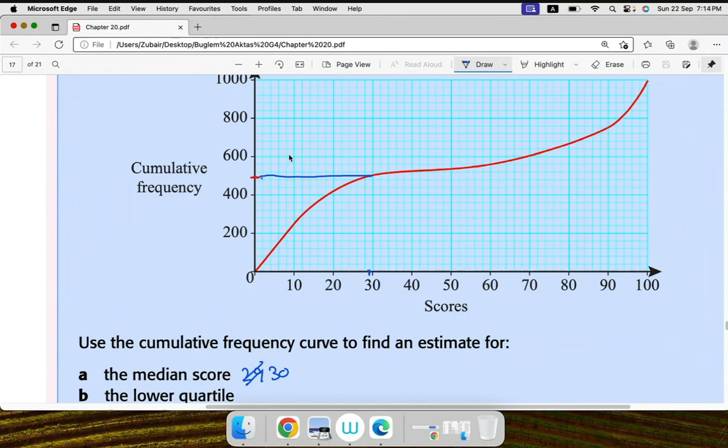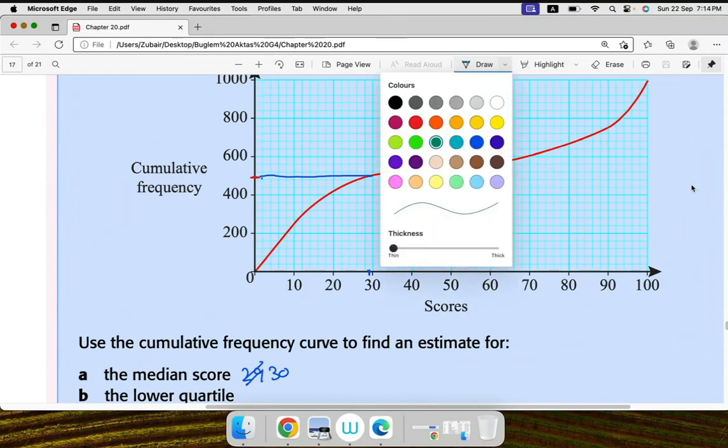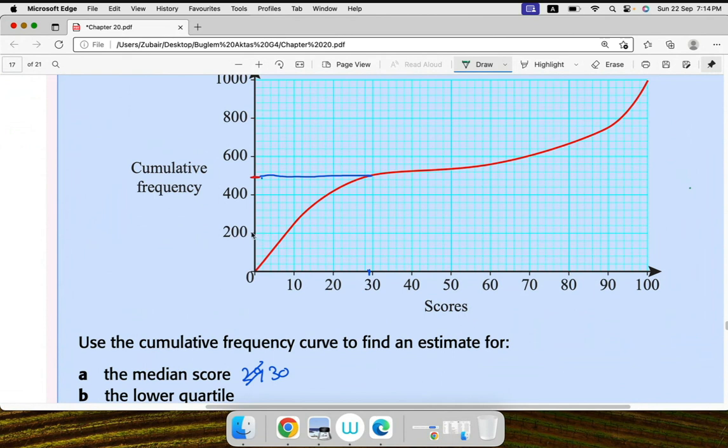So lower quartile: 25% of 1,000 is 250. This is 200, this is 300, somewhere here is 250, and I'm taking 11 for this.